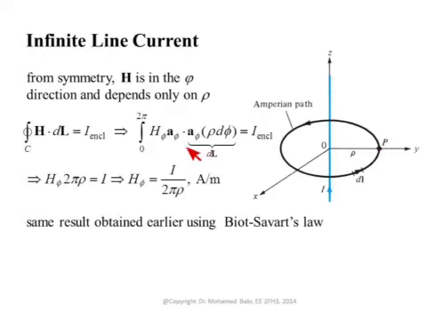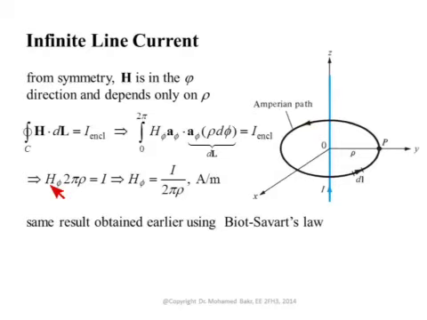And this, of course, is equal to any current flowing through that surface. Because H phi is assumed to be constant, since it's a constant rho surface and H is only a function of rho, I can take H phi out of this integral, because I'm integrating over a circle which has a constant rho, so H is the same over every point here.